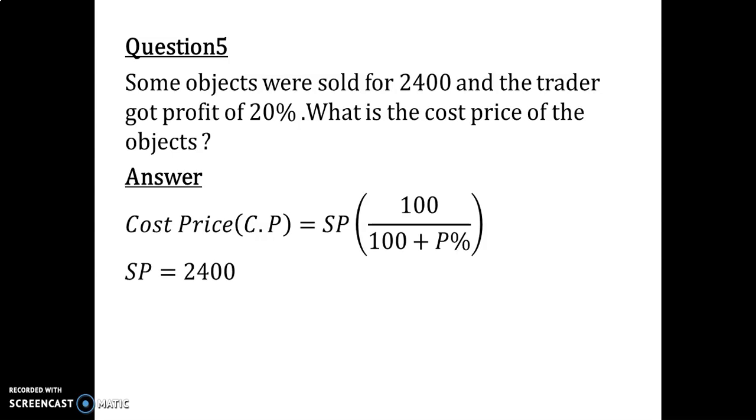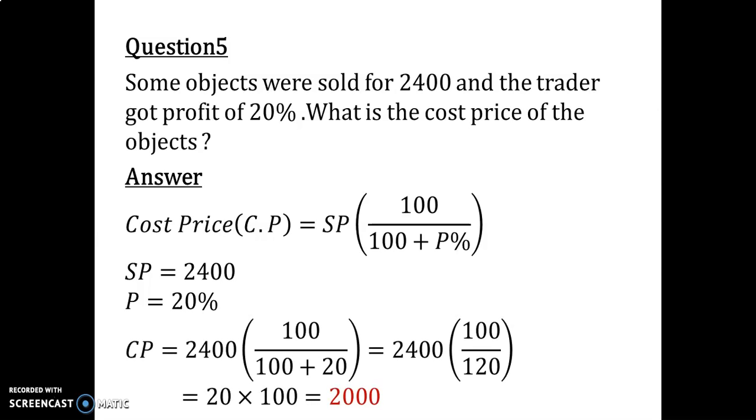So cost price is equal to 2400 into 100 divided by 100 plus 20, that is 2400 into 100 divided by 120, that is 20 into 100, that is equal to 2000.